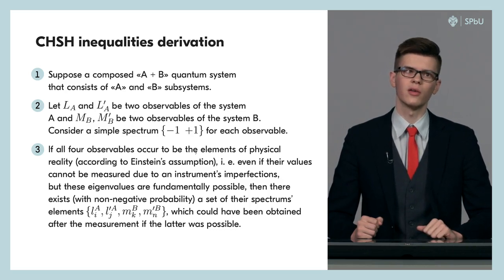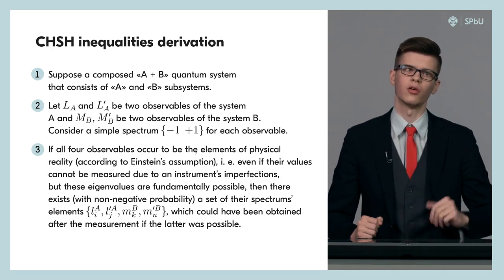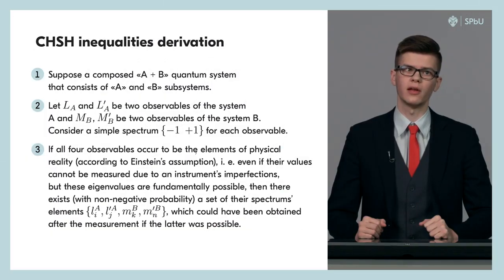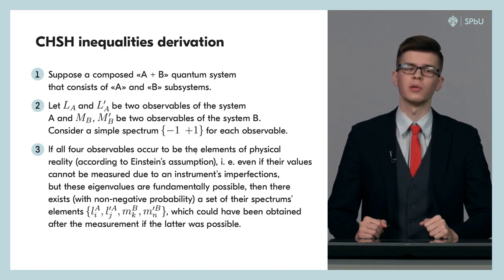In other words, if one measures any of these observables, one will obtain +1 or -1. Going forward, we will be interested in a certain observable S corresponding to the whole system A plus B. Going through all possible values of observables of the A and B subsystems, we will get the limits for the value of S.